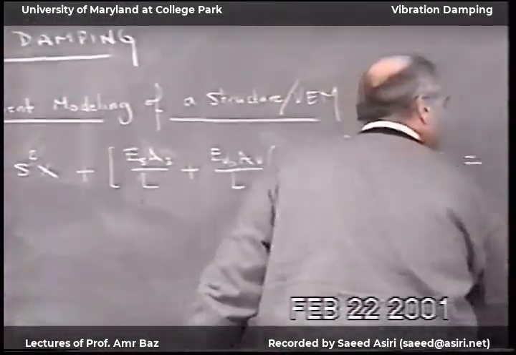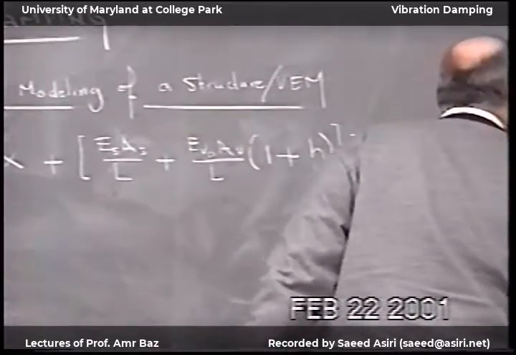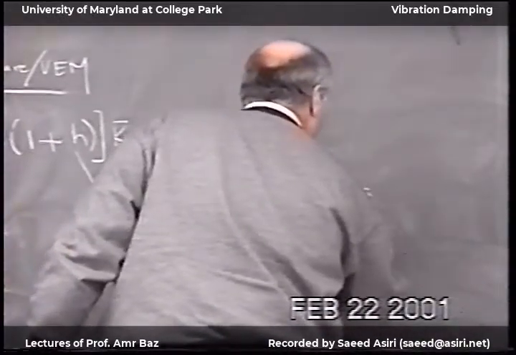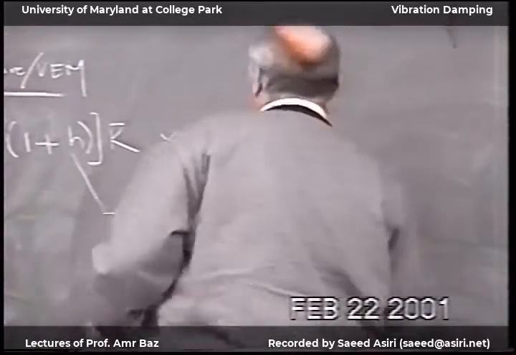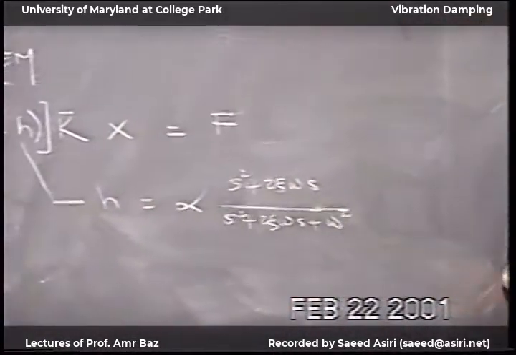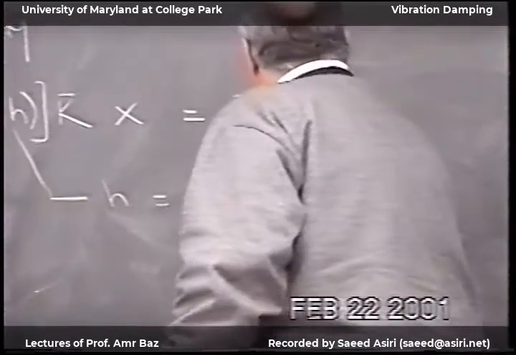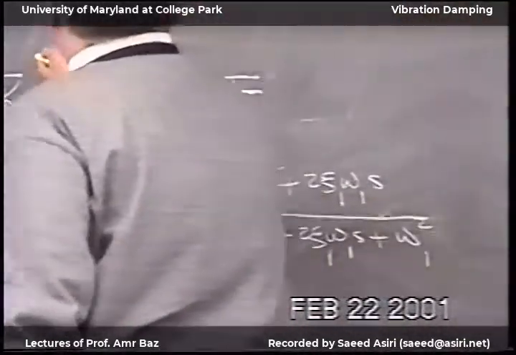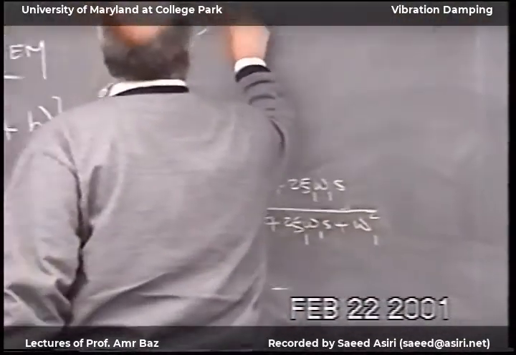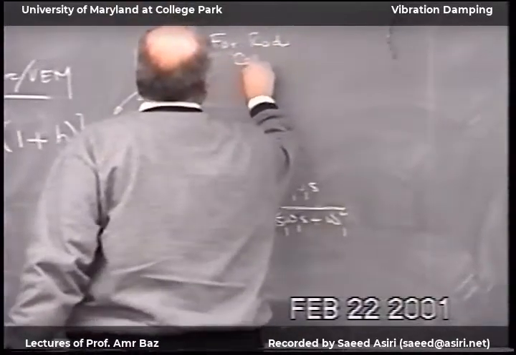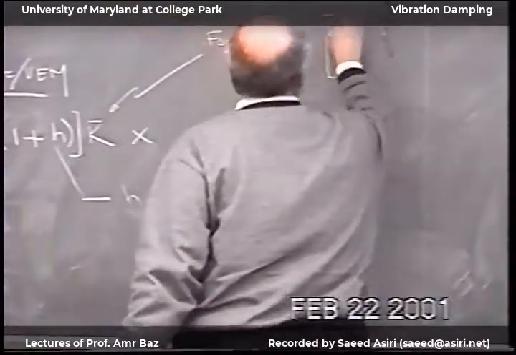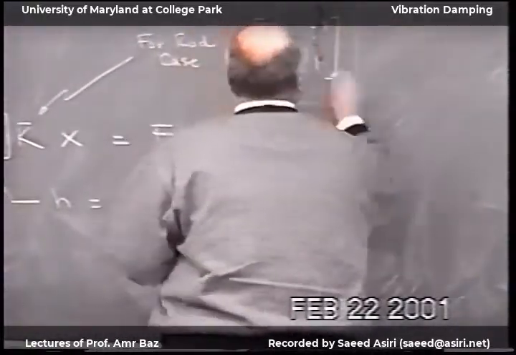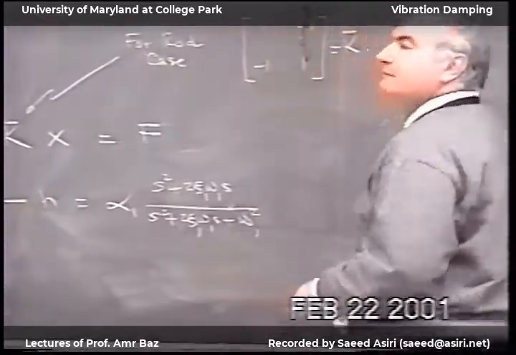And H was equal to alpha S squared, and if I use one mini oscillator, then these are all ones, 1, 1, 1, and 1. And the K prime, if you remember, for example, for the rod case, this K prime, I said it is equal to 1, minus 1, minus 1, and 1. This is equal to my K prime.